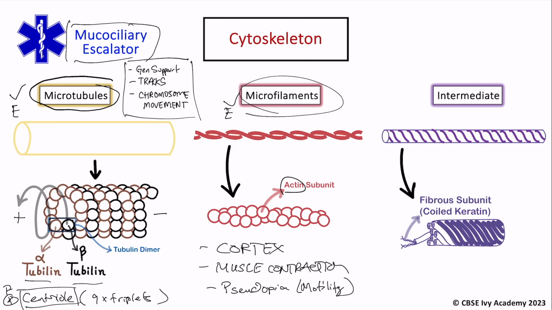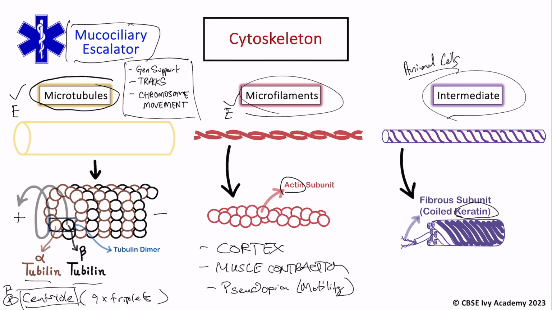Lastly, intermediate filaments. So intermediate filaments are only found in some animal cells. They are a diverse class of cytoskeleton elements because each type of intermediate filament is constructed from a particular molecular subunit that will belong to a particular family of proteins, for example, the keratin family.